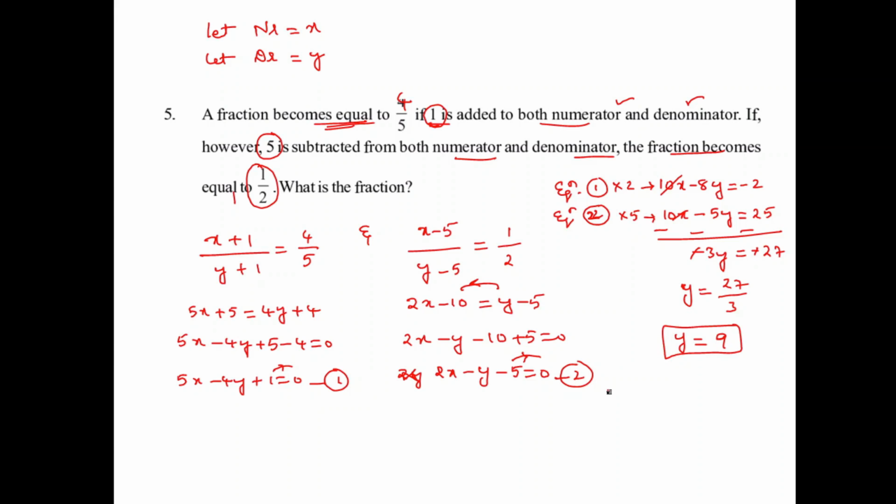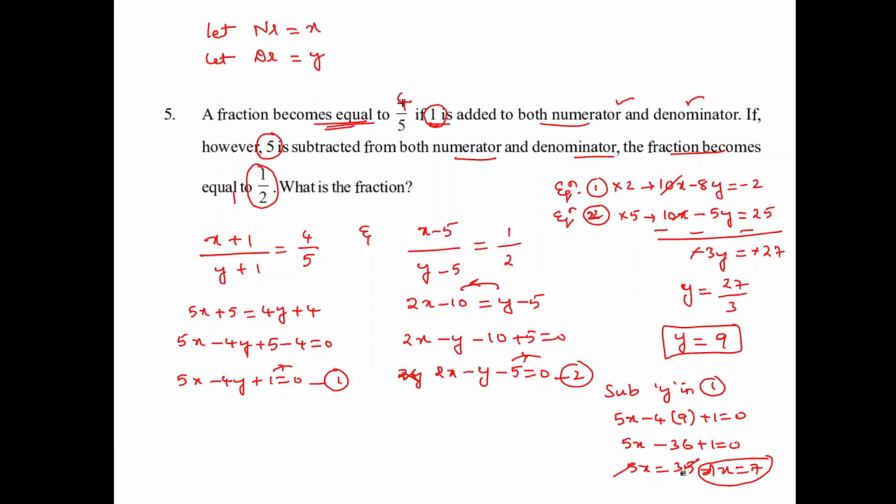Now substituting the same y value in equation number 1, we get 5x minus 4 into 9 plus 1 equals 0. This is 5x minus 36 plus 1 equals 0. That is, 5x equals 35, which gives x equals 7, your required answer.